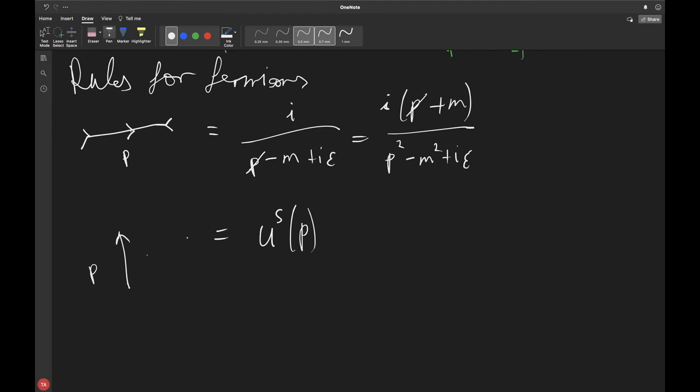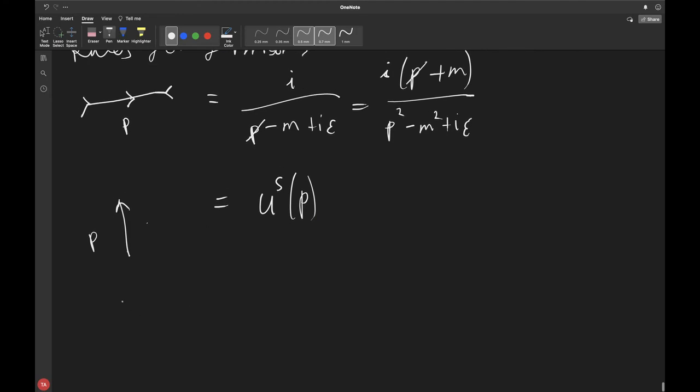When we have an incoming antifermion with momentum p, which we denote as the line going like this, with p going up, that's going to be v bar of s for p.